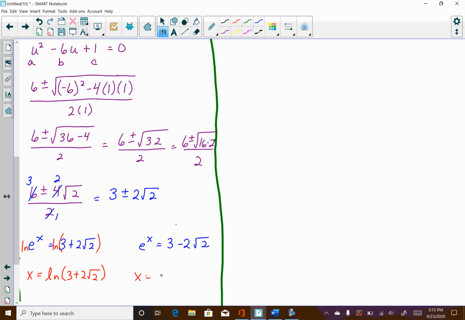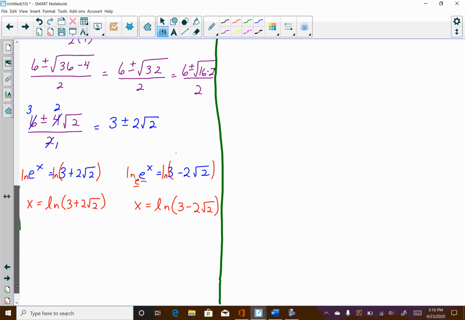And x equals the natural log of 3 minus 2 square root of 2. 3 plus 2 square root of 2 and 3 minus 2 square root of 2 are both positive values, so you can take the natural log of them. And when you do so, I'm going to double check myself.